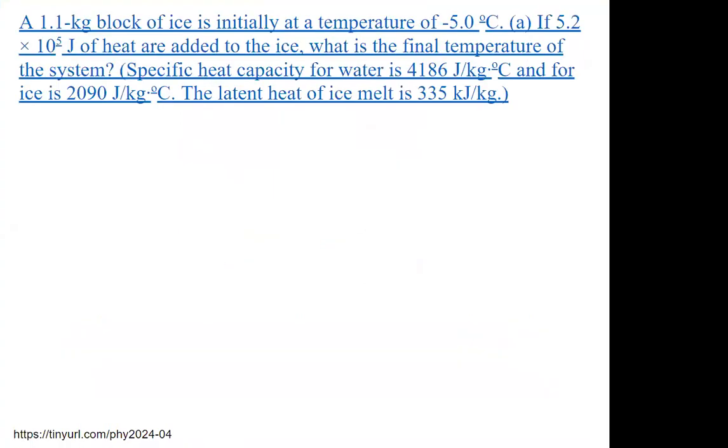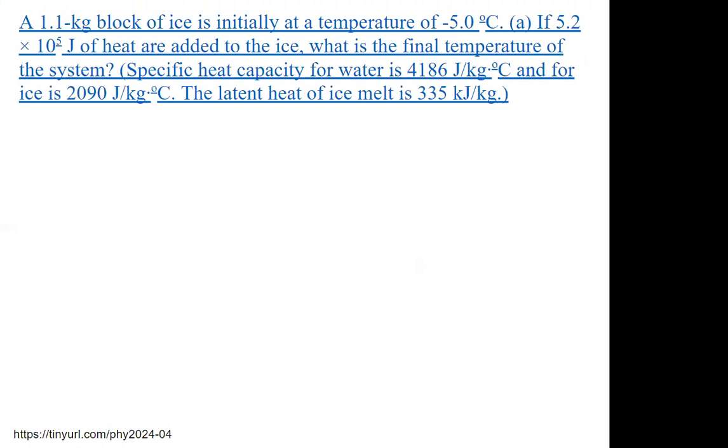We are going to take a look at an example. It says if you have a 1.1 kilogram block of ice initially at a temperature of -5 degrees Celsius, and 5.2 times 10 to the fifth joules of heat are added to the ice, what's the final temperature of the system?